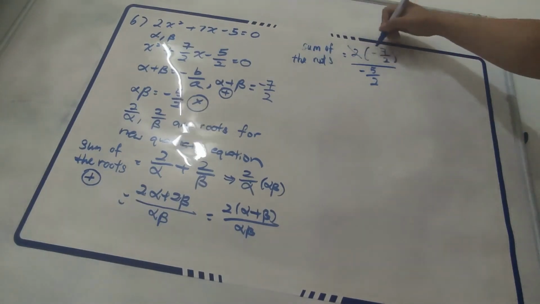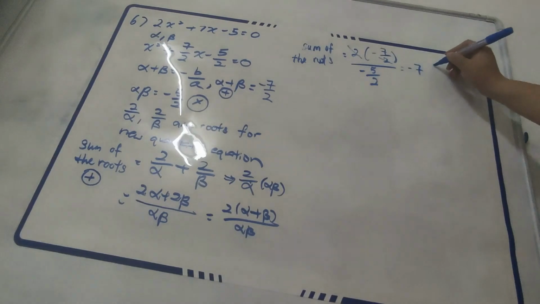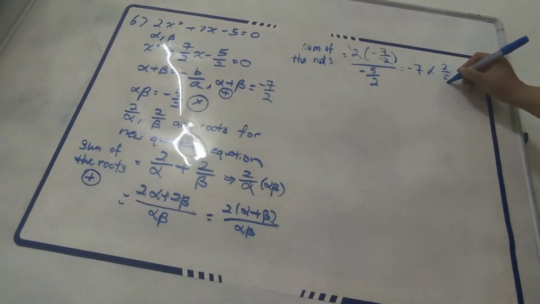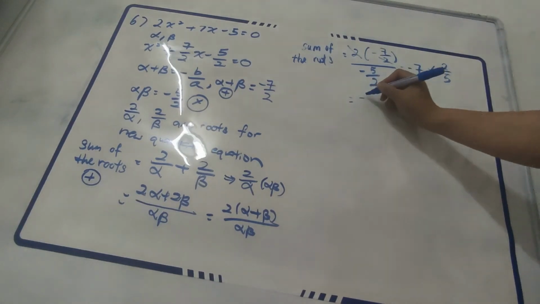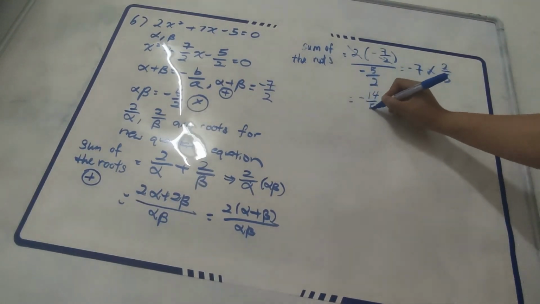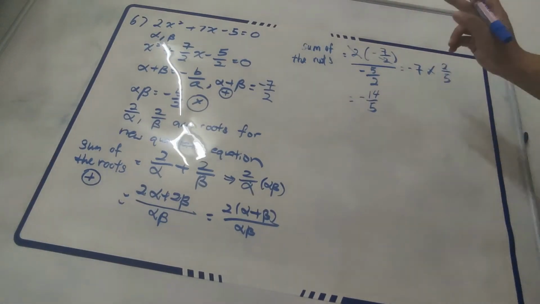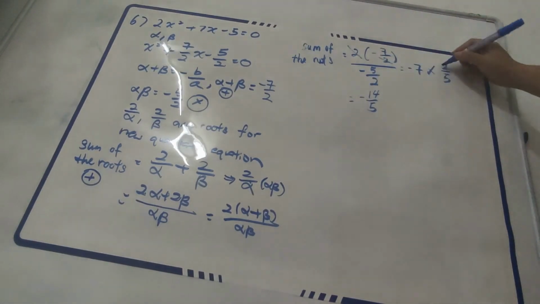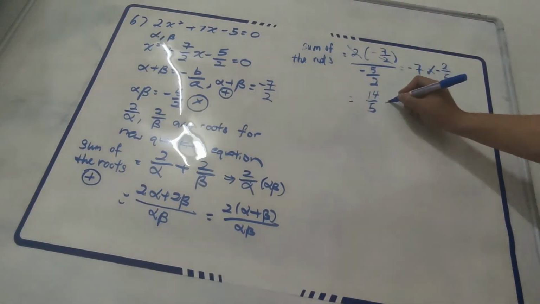Here you can simplify. Then it equals minus 7 times 2 over 5. The final answer for the sum of the roots is minus 14 over 5. Sorry, forget the negative, it should be positive 14 over 5.